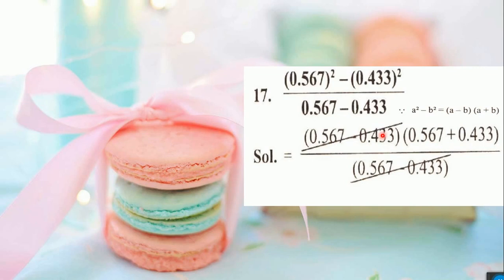Now you can see that these two terms are same, so cancel with each other, and remaining 0.567 plus 0.433. Now adding these two terms, you will get 1. So your answer is 1.